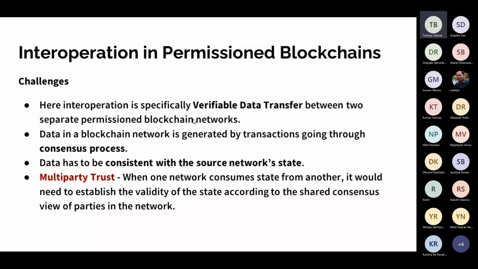Then there is multi-party trust, in the sense that when one network consumes state from another, it would need to establish the validity of the state according to the shared consensus view of parties in the network. So they should get a valid state as per the shared consensus view of the parties in the source network. This is what is important.